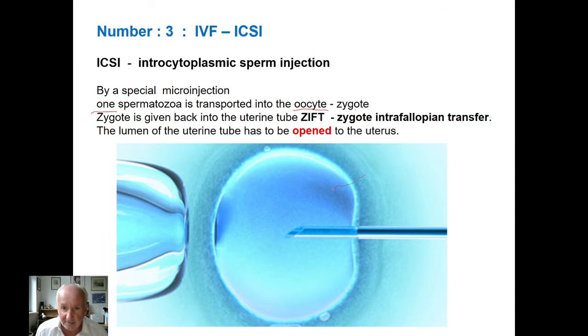You see zygote, transfer. And the uterine tube has to be open, because logically the cleavage will happen, morula, early blastocyst, and this is moving to the uterus. So there are only three possibilities how to help by in vitro fertilization today.